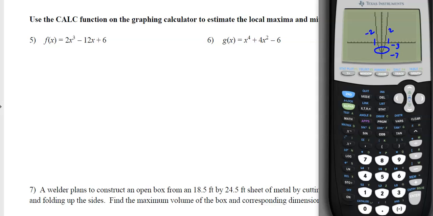Like I'm going to try to zoom in. -2 to 2, -3, -7. So -2 to 2, and then -3 to -7. Let's just see what I do in domain range.